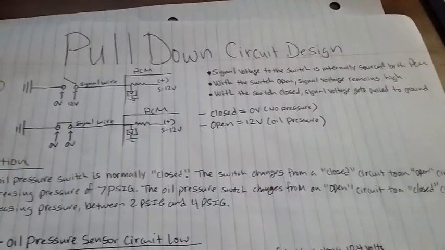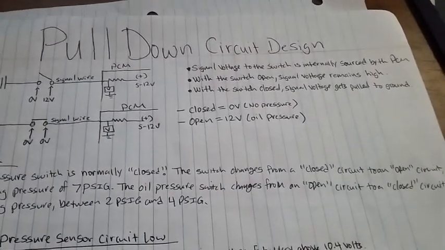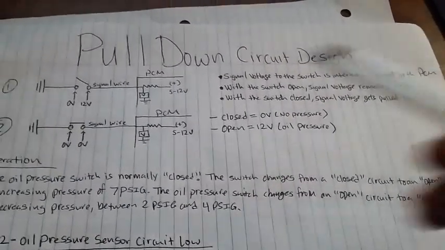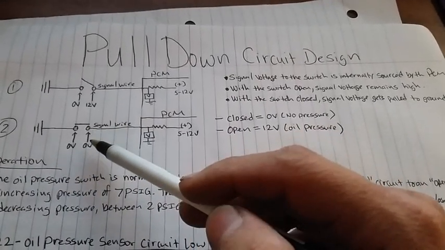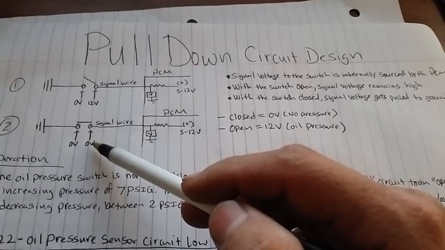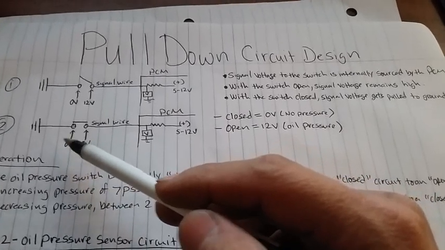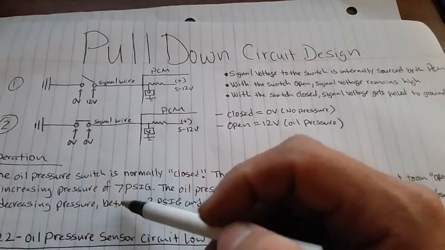Now, with the switch closed, the signal voltage gets pulled to ground. So on figure 2, with the contacts closed, our reading should be 0 volts on the signal wire and 0 volts on the other wire.